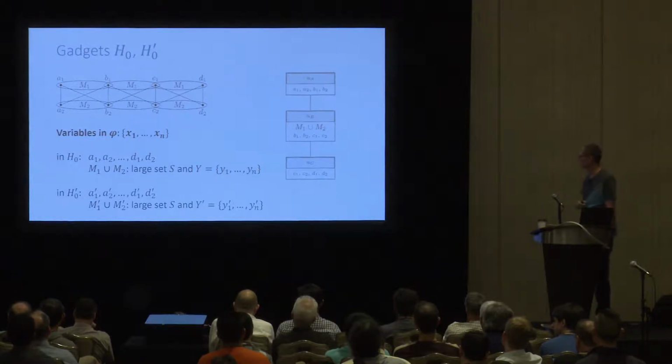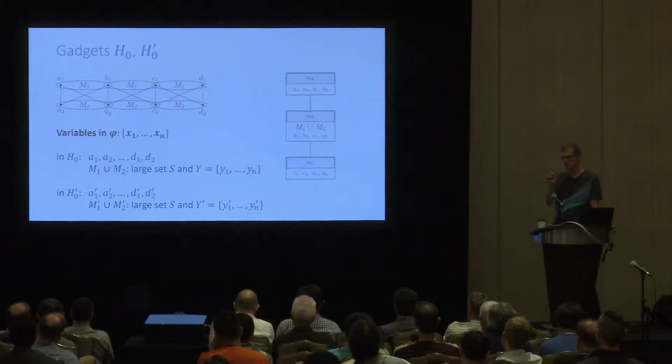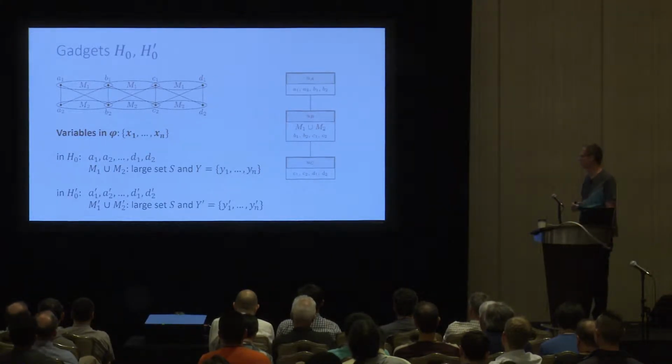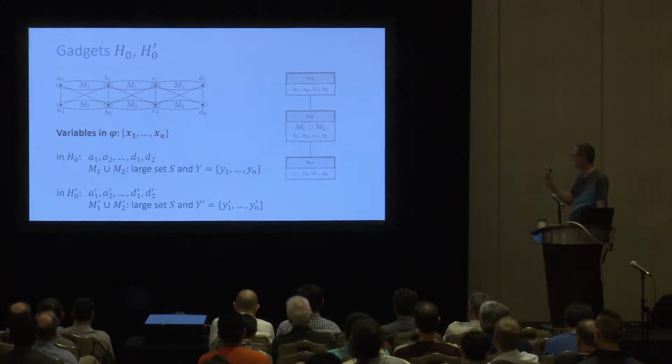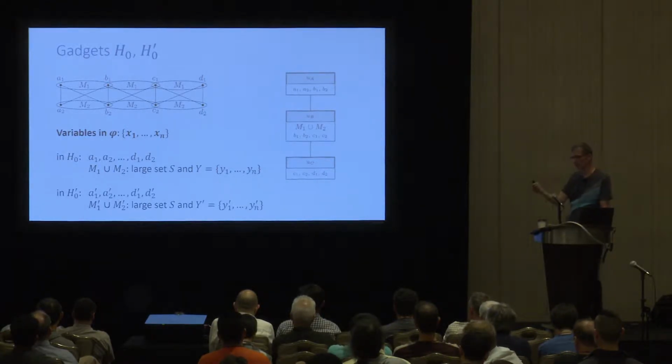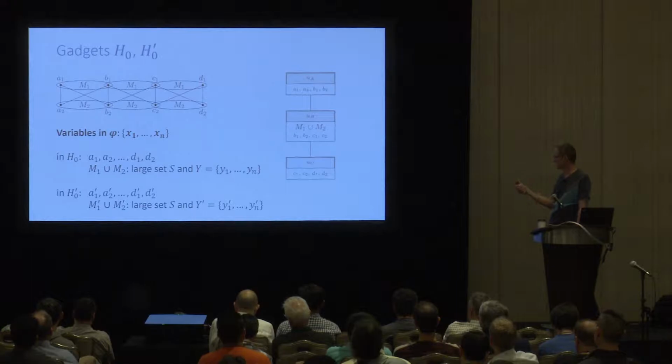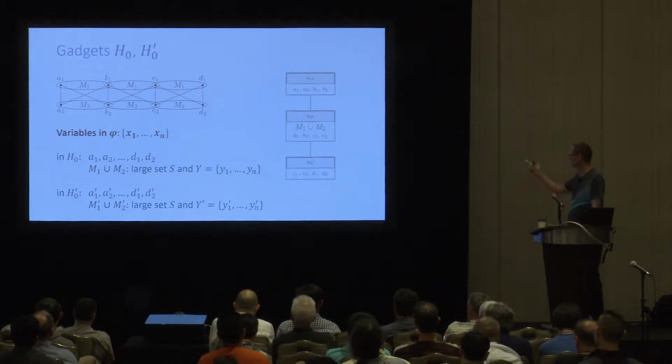Now suppose that our propositional formula has n variables, x1 through xn. Then we actually added two such gadgets to our hypergraph, H0 and H0 prime. In H0, we have precisely the gadget on the left upper part of the slide, where the sets M1 union M2 contain a large set of vertices S and a set Y consisting of vertices y1 through yn.